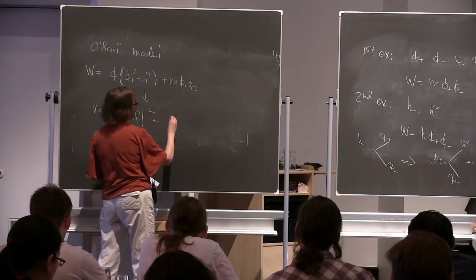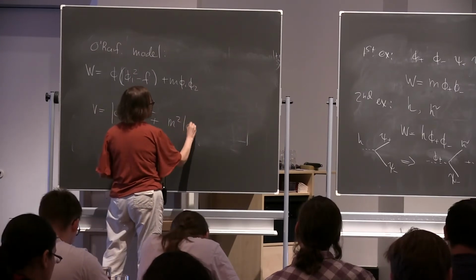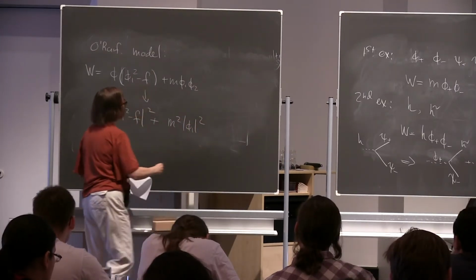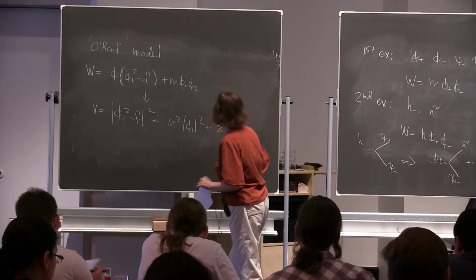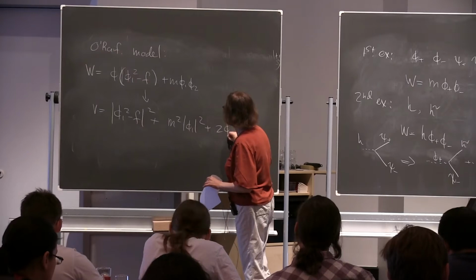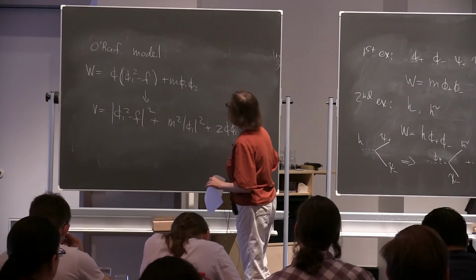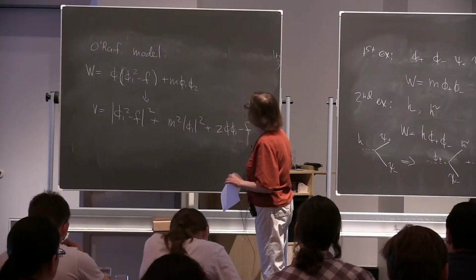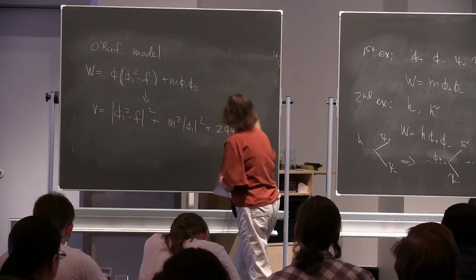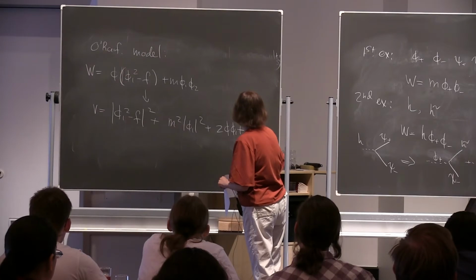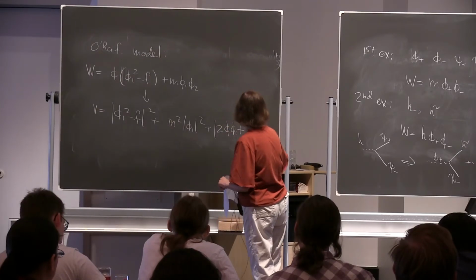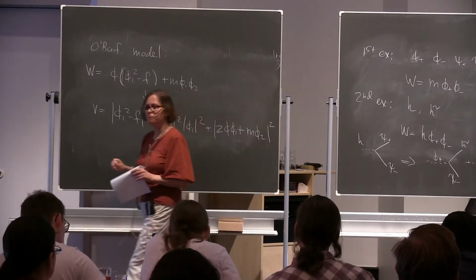Then for phi 2, I'm going to get m squared phi 1 squared. And finally for phi 1, I'm going to get 2 phi 1 times phi 1 minus f, plus m phi 2, and the whole thing squared.